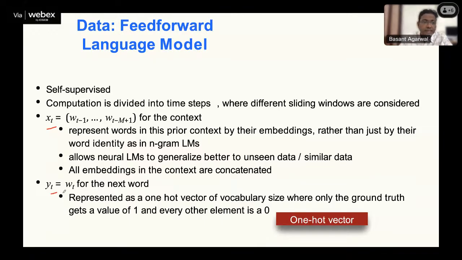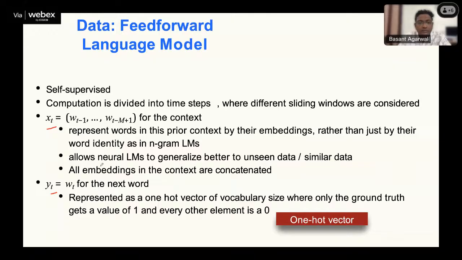All these vectors are represented with one-hot vectors, which we have already seen: a word is represented with a vector whose size is the vocab size, with value 1 at the position in which that particular word appears in the vocab list.